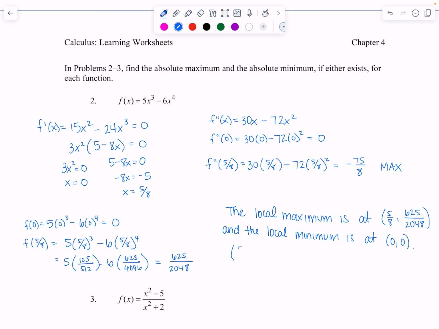And 625 over 2048 is also the absolute maximum.